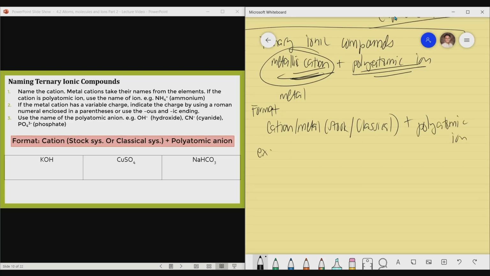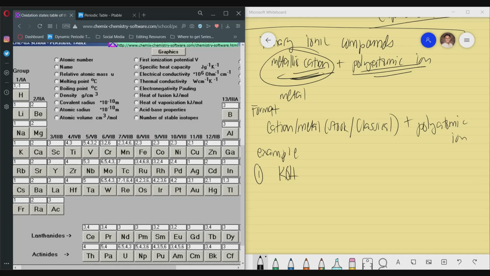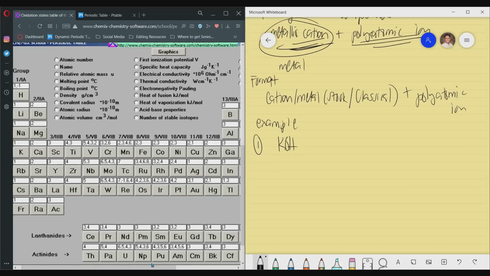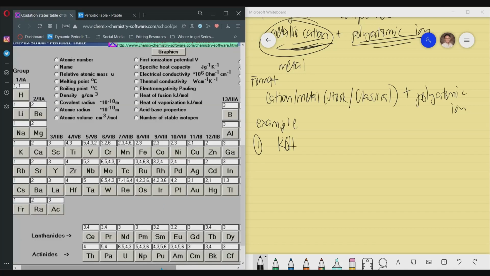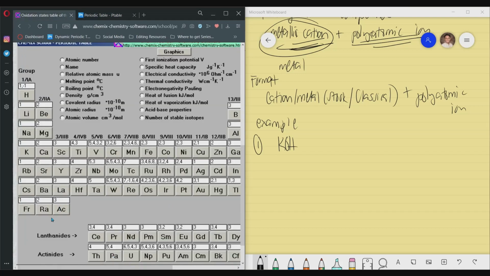Sige, example. Yan yung format ha. Example, KOH. Okay? So, cation ko ay K. Looking at K, the name of K is potassium. Pero, wag muna akong magmadali. Tignan ko muna kung may variable charge si K. So, looking at this oxidation state table, isa lang.